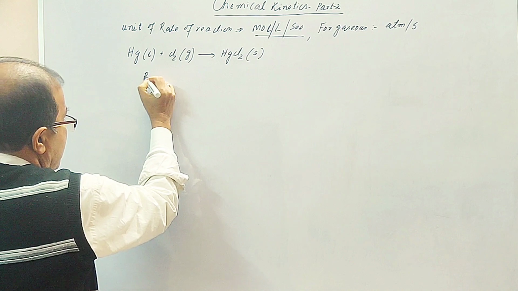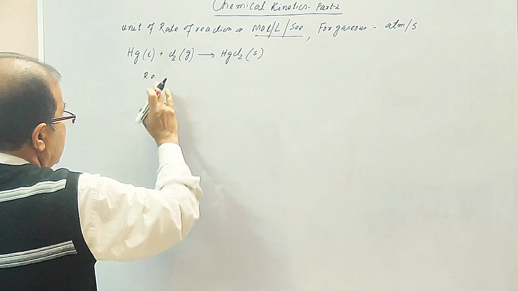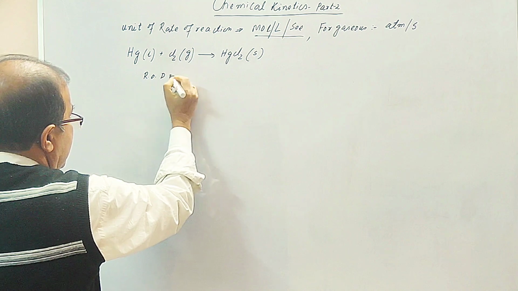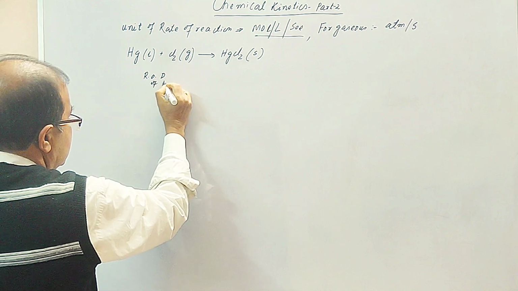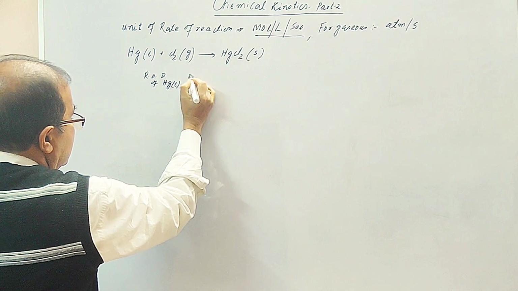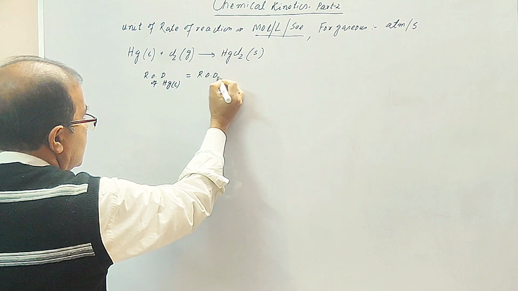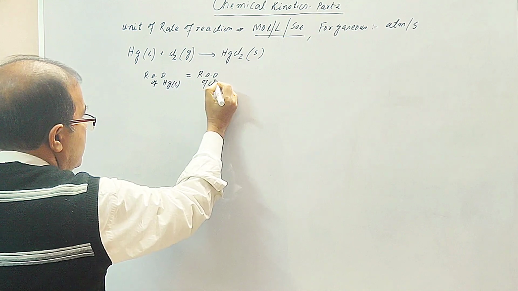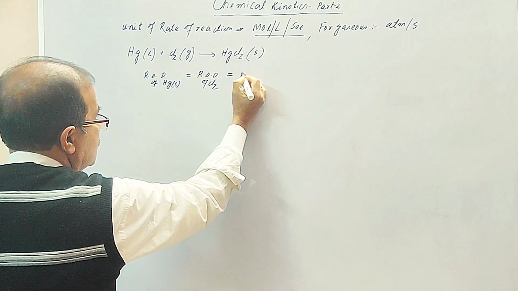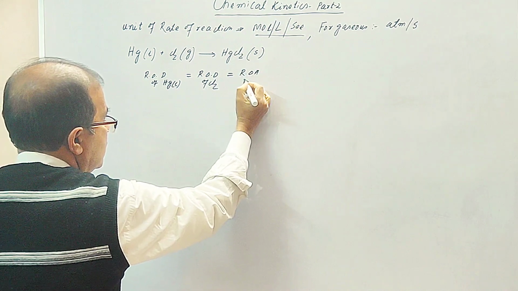So we can write ROD of Ag is equal to ROD of chlorine is equal to ROA of AgCl2.